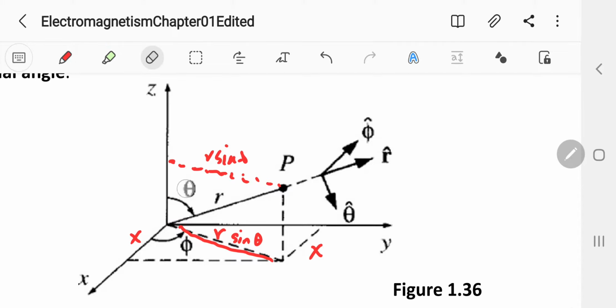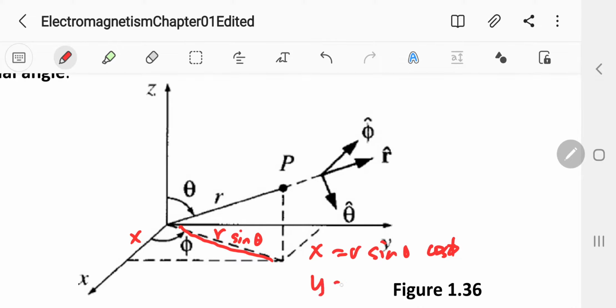So your x would be r sine theta cosine phi, and your y is equal to r sine theta sine phi. This is your y.